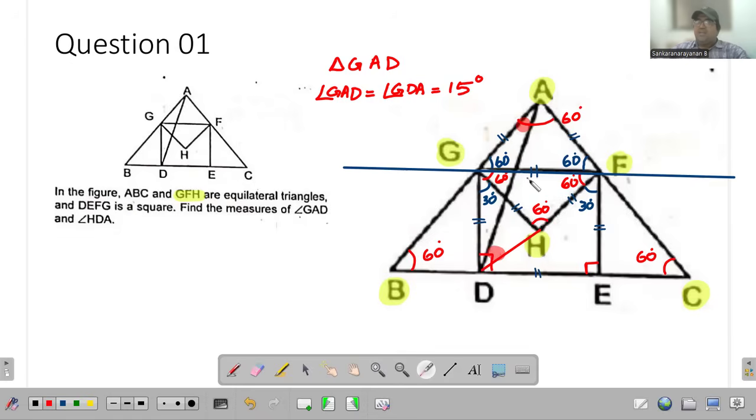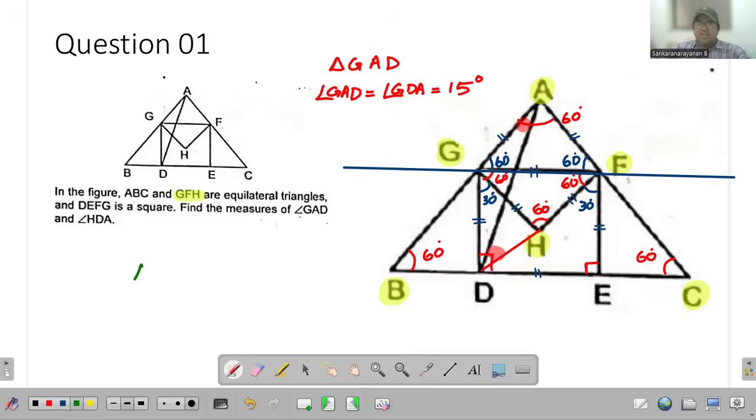Now, I need to focus on finding the value of HDA, right? That measurement we have to find out. For that, we can consider that this is 30 degrees. I want you to focus on triangle DGH.